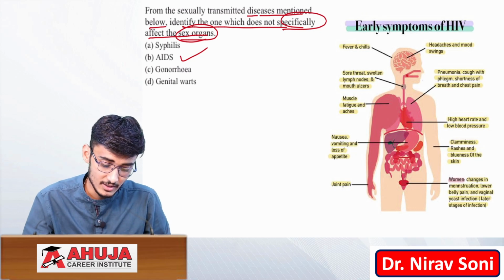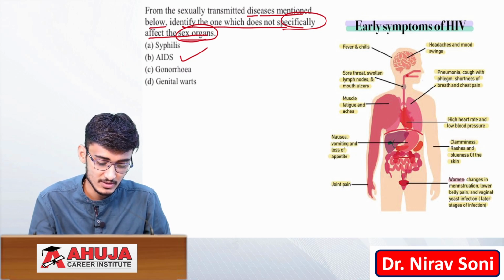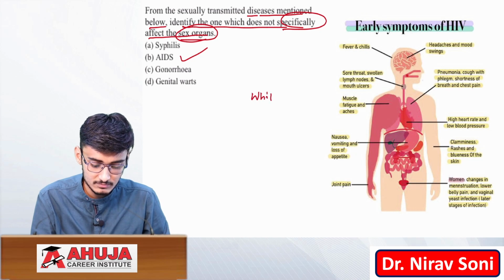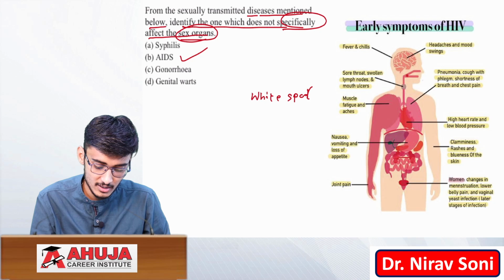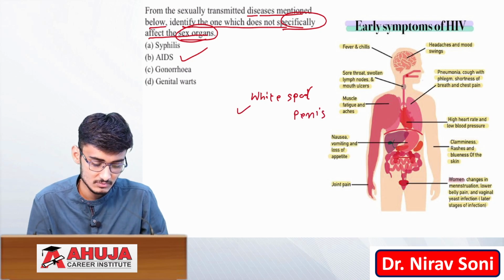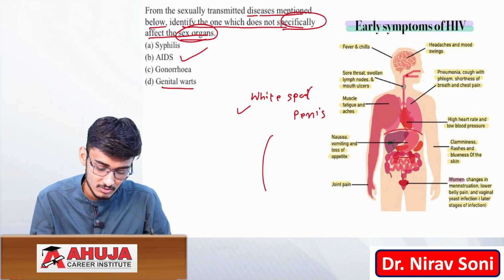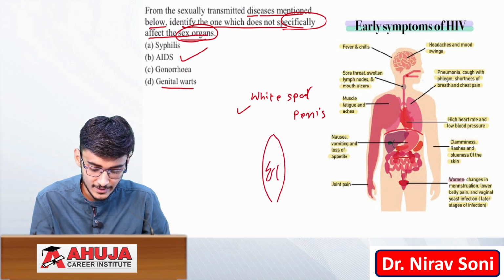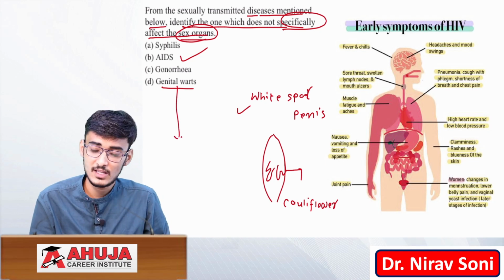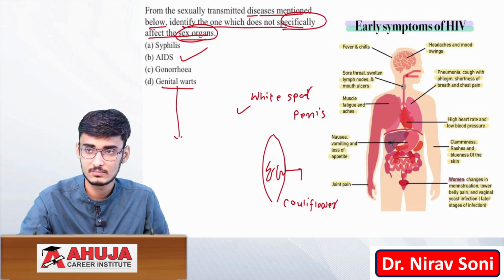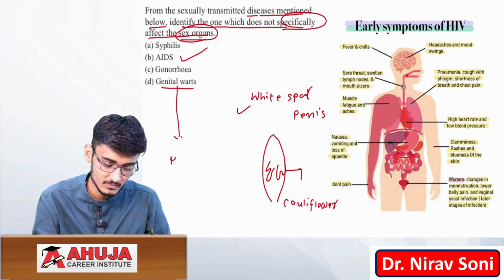Syphilis has different signs and symptoms like white spots on the tongue and white spots on the penis. Gonorrhea also causes pelvic region inflammation. Genital warts contain wart-like structures in the genital or rectal part. This is called cauliflower structure. Genital warts are caused by the human papillomavirus, HPV.